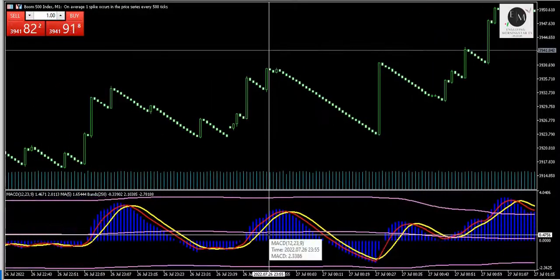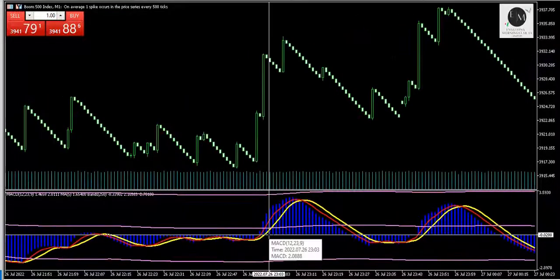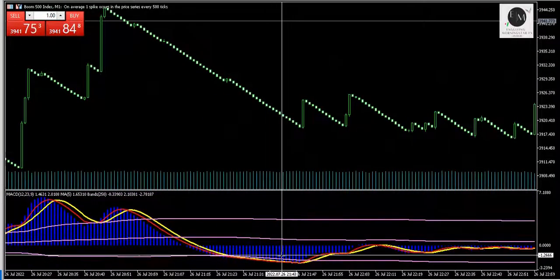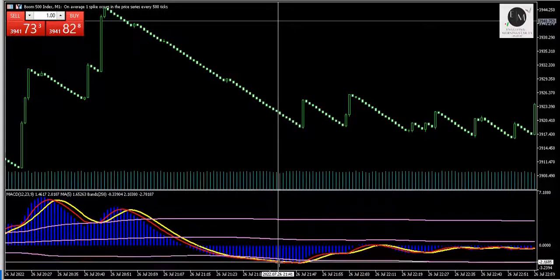Now if you want to catch spikes with it, this is the rule. You obey the same rule, but the other way around. What I mean is that the resistance of your Bollinger Band should be your target.